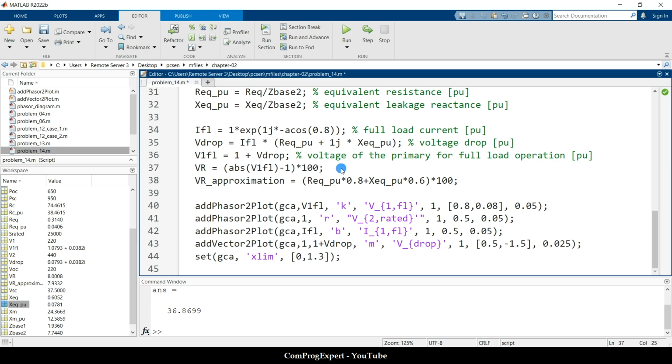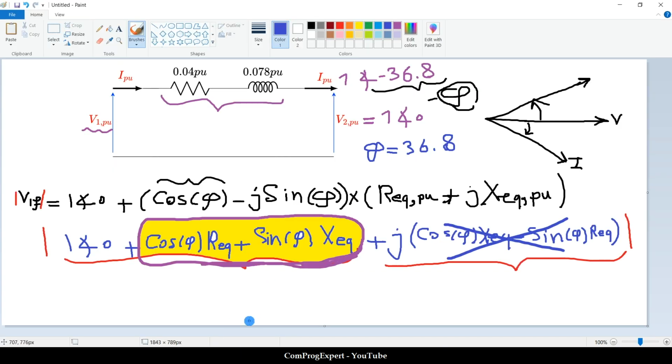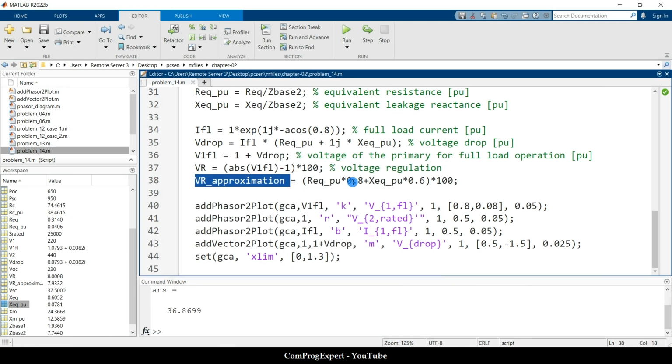So this is the voltage regulation. And this is the calculation of the voltage regulation using this approximation. Here, this is the cosine of phi and this is sine of phi. The sign here is plus because we have a lagging power factor.